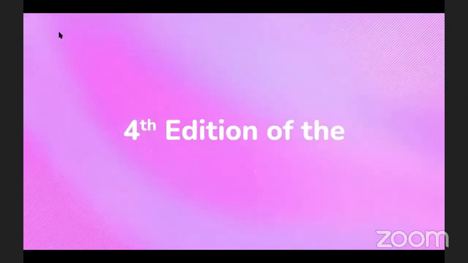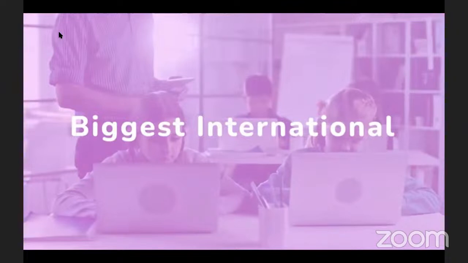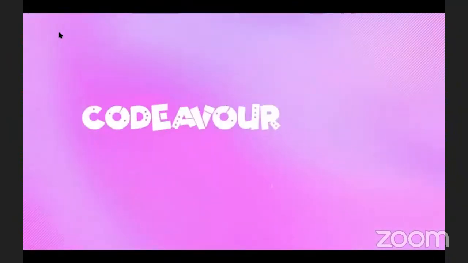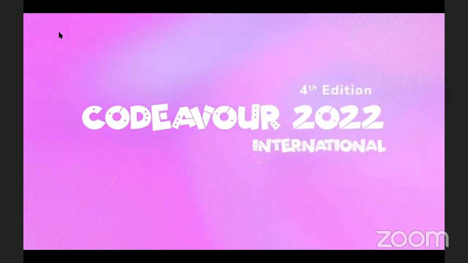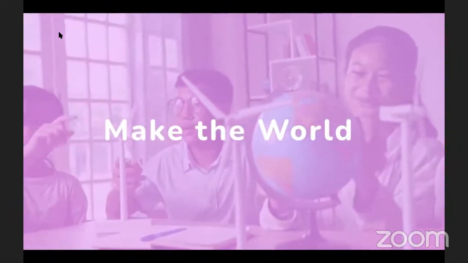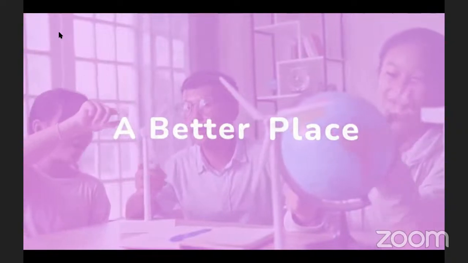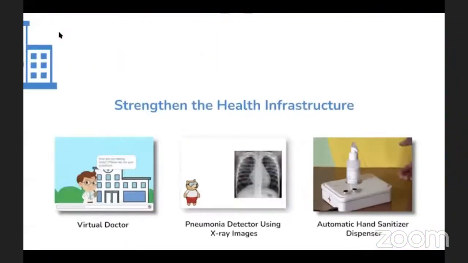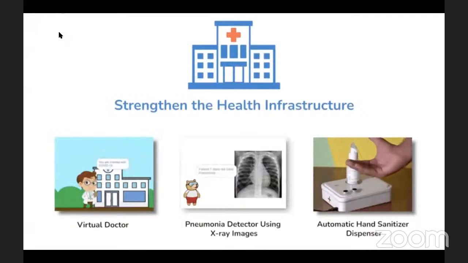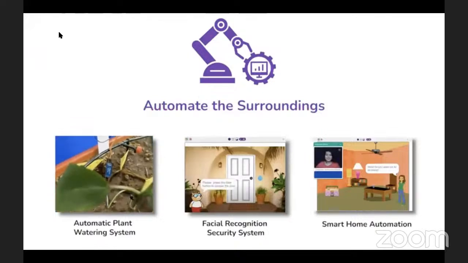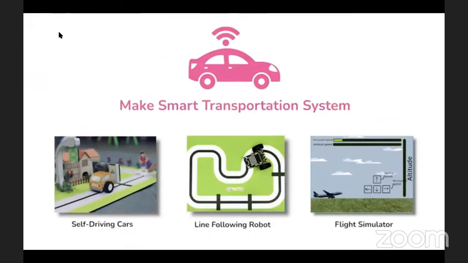For the fourth consecutive year, bringing you the biggest international AI and programming competition for kids, Codeavour 2022 International 4th edition. To make kids aware and inspire them to brainstorm over emerging issues, to make the world a better place, kids need to build solution-based projects on the following themes: save the environment, strengthen the health infrastructure, revolutionize the agriculture, automate the surroundings, make smart transportation system.